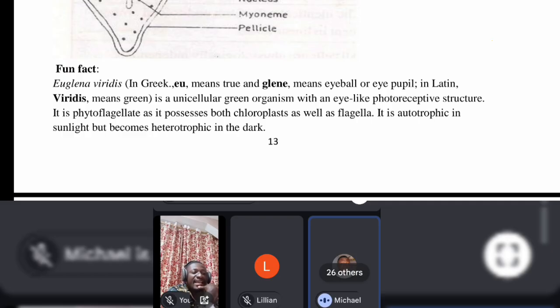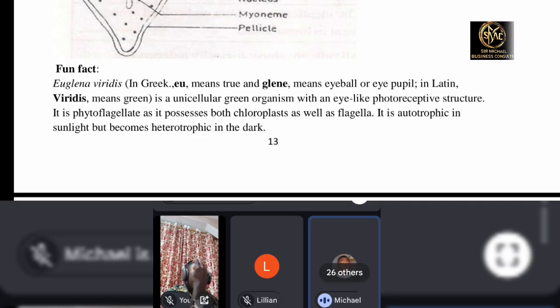So you can say the Euglena has a green color, and that green color presupposes chlorophyll, so it can photosynthesize. Now the eu means true, and the glena there means an eyeball, meaning it has a structure that could be sensitive to light, and we will get to know what it uses that thing for. So it's a unicellular green organism with an eye-like photoreceptive structure. So photo means light, receptive means it's able to receive.